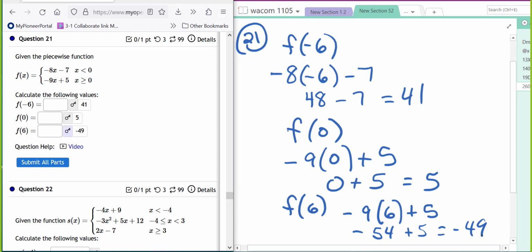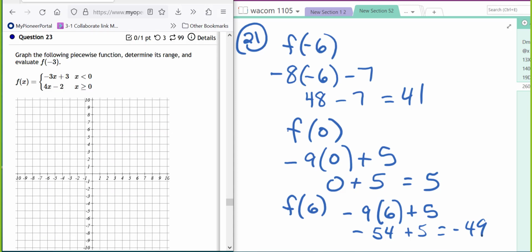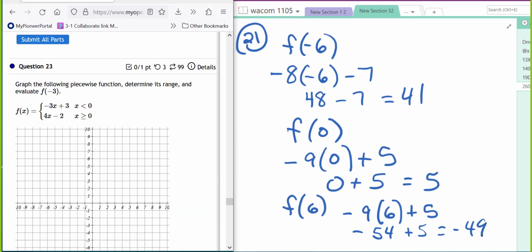So it's just picking the right rule with the conditions. All right, so that one's easy. And then this one just has 3 rules. And you pick the right rule. So 23 is the first one that'll give us a little bit more work.